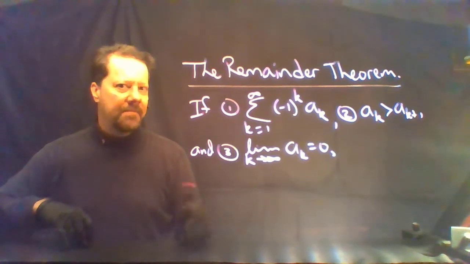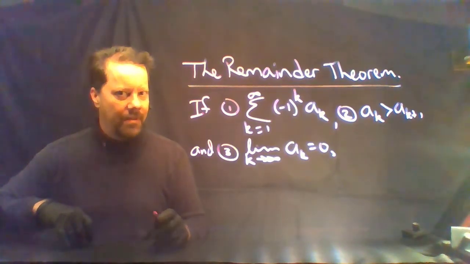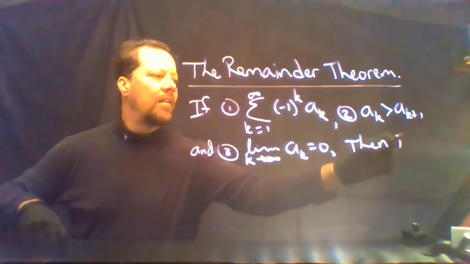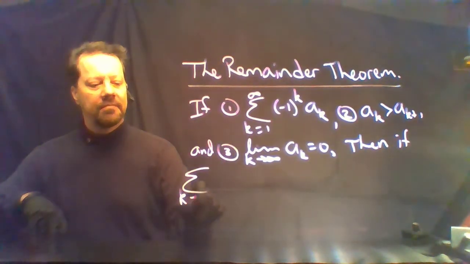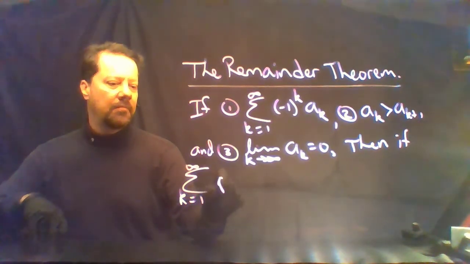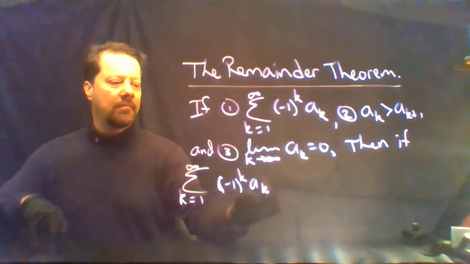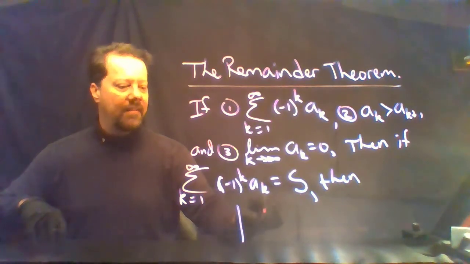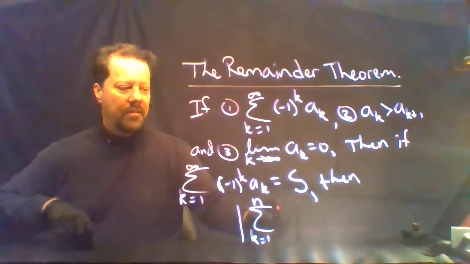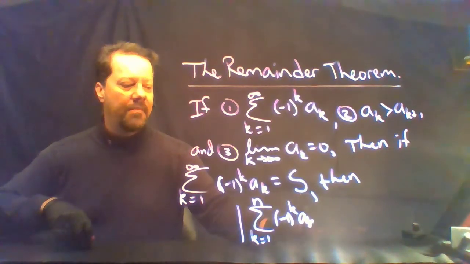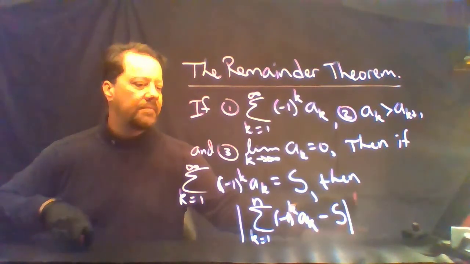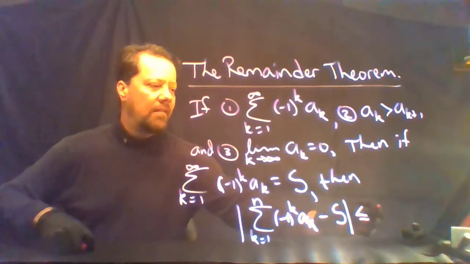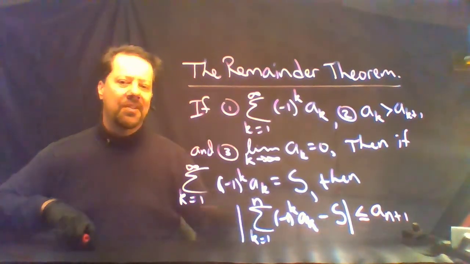The alternating series test tells us this will converge. If the sum is equal to some value L, then when you take the difference between the nth partial sum and the overall sum, that's going to be no more than the very next term.